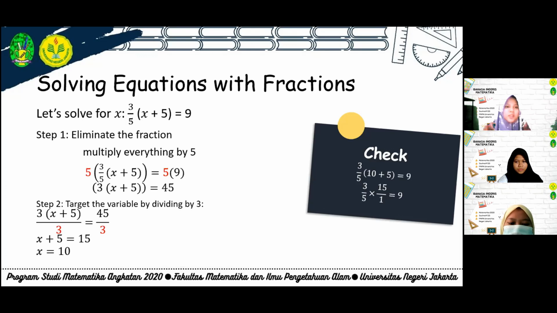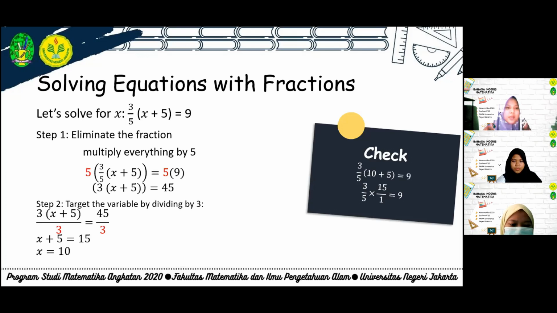Step 2. Target the variable by dividing by 3. 3 multiplied by the sum of x plus 5, divided by 3, equals 45 divided by 3. x plus 5 equals 15.